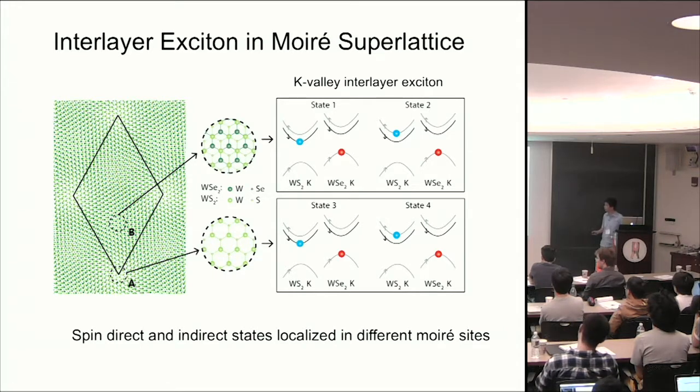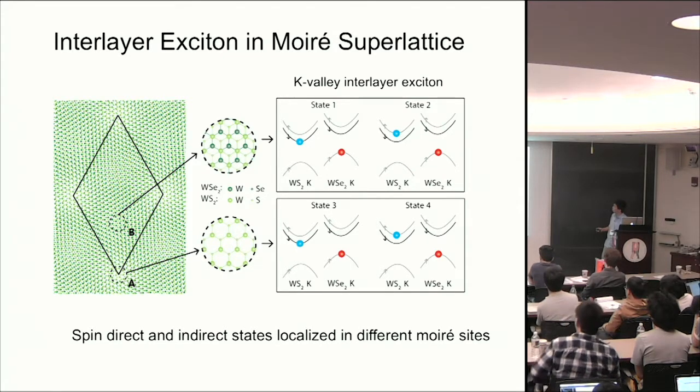Okay, so first let me give a quick summary of the possible low energy exciton states that can exist. Basically they can exist either at the B position or the A position. So those are two low energy points. And then for one specific stacking order, you can potentially have two polarization states.